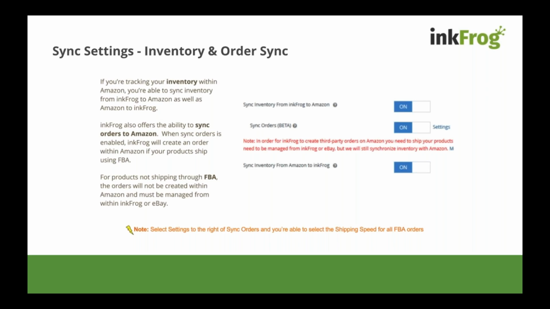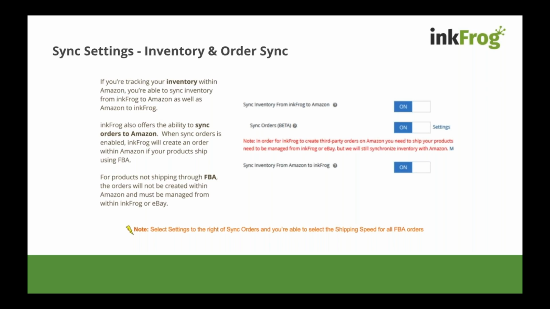Once you have sync inventory inkFrog to Amazon turned on, below that there will be a sync orders option. For Amazon, the sync orders option is only available if you are using Amazon FBA for fulfillment. So if you have Amazon products set up that are fulfilled by merchant, FBM, unfortunately you won't be able to sync those eBay orders over.